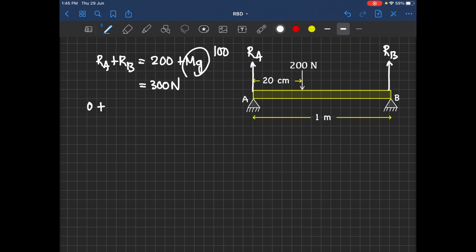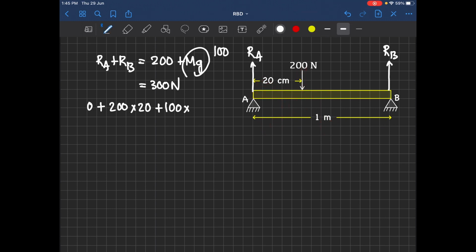So the torque for the 200 Newton force is 200 into 20. And if we see the direction, this is clockwise. Similarly there will be the mg of the rod, right, that will also apply a clockwise torque. So let us write mg equals 100. I am giving a plus sign because both the 200 Newton and mg apply a clockwise torque, that is why I am adding both of them.